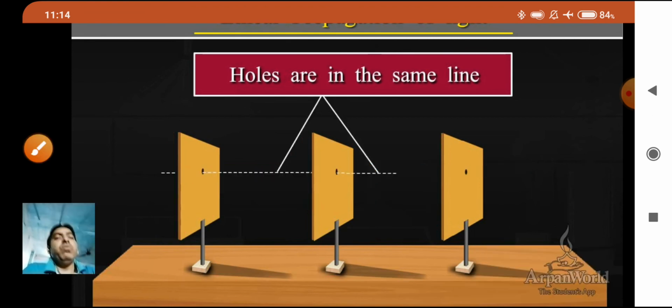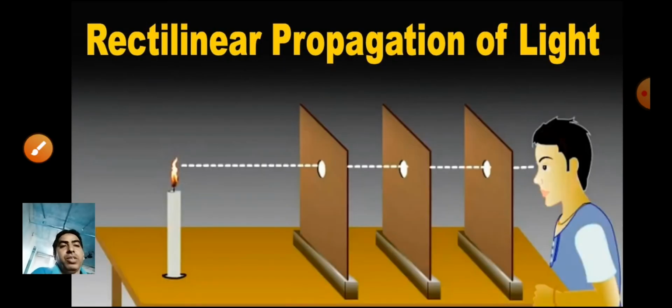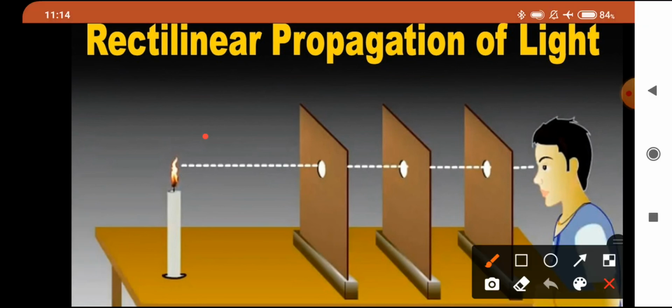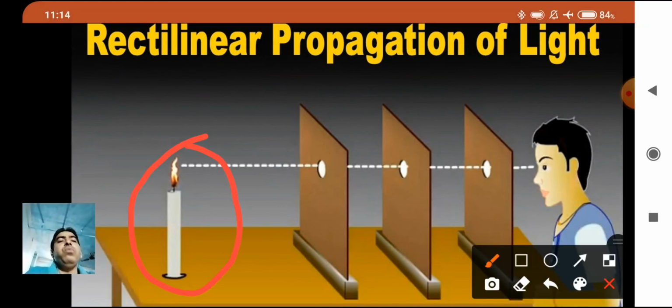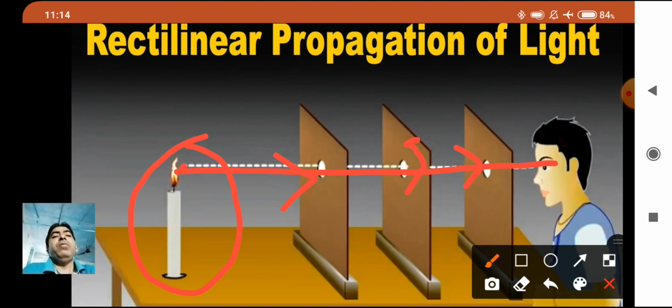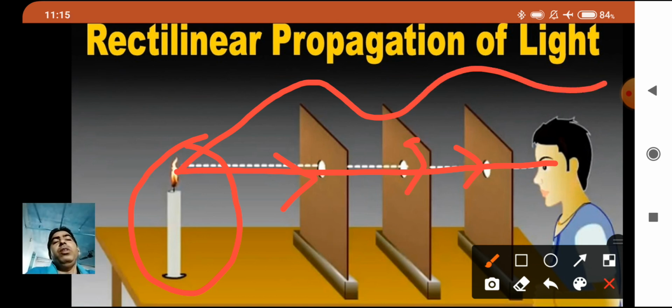Then we will put a source of light, and we will see through the holes. If the light travels straight, then we will be able to see the light. If the light goes to the side, then we are not able to see the light.